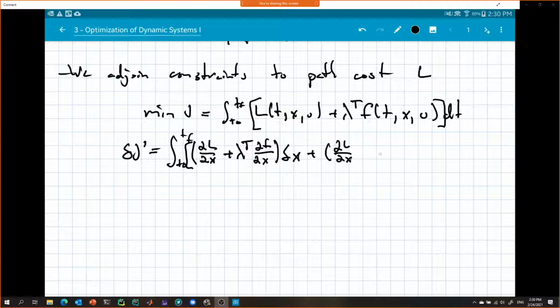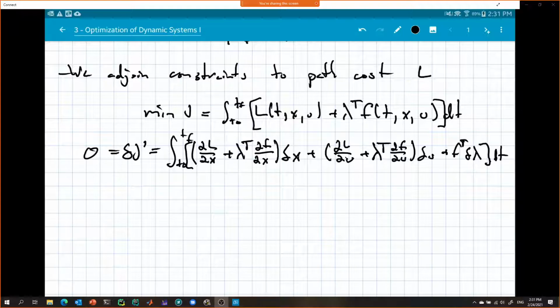And we have the same with respect to u, times the variation in u, and then the constraints with the variation of lambda, and that's dt, and then this is all equal to 0.